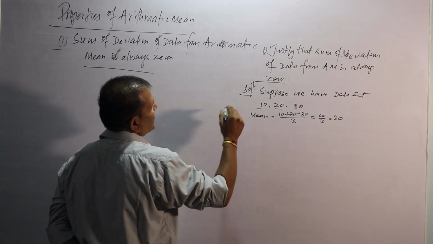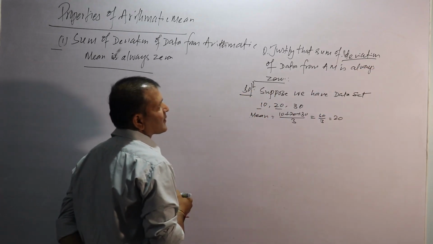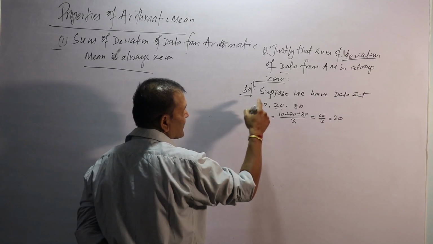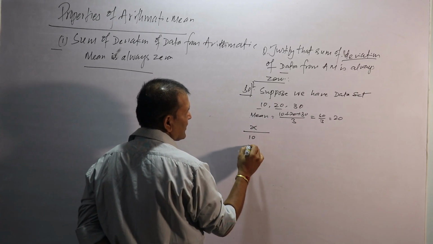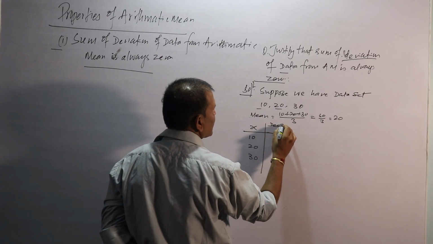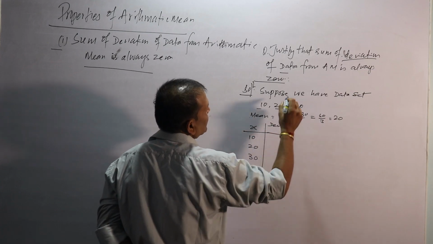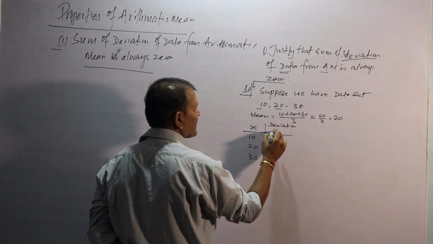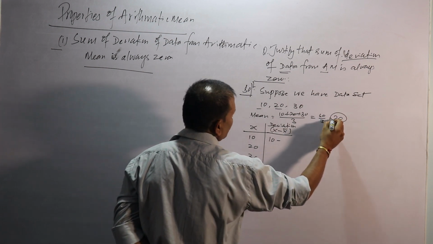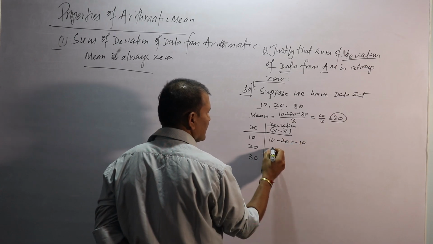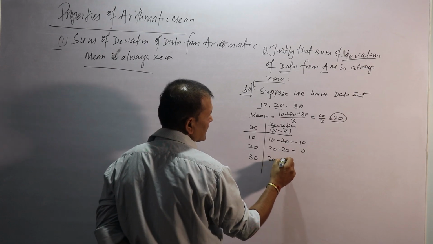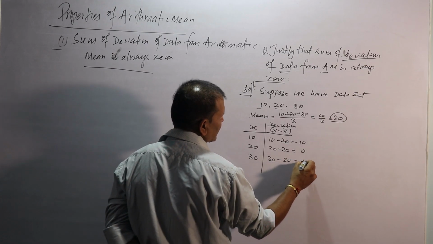So now we calculate the deviation, sum of deviation. Deviation means difference, deviation of data from arithmetic mean. So first of all we write the data x: 10, 20 and 30. And what is the deviation? Deviation means x minus x mean. So 10 minus 20 is minus 10, 20 minus 20 is 0, 30 minus 20 is plus 10.